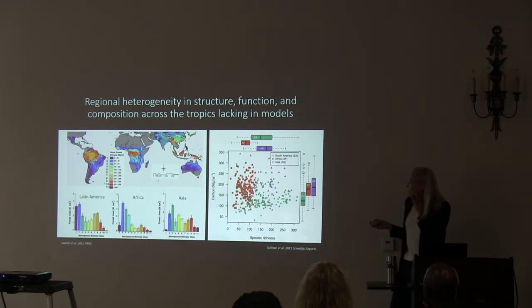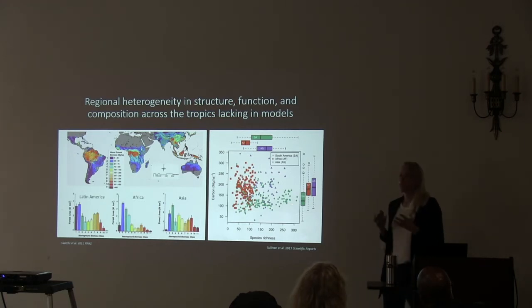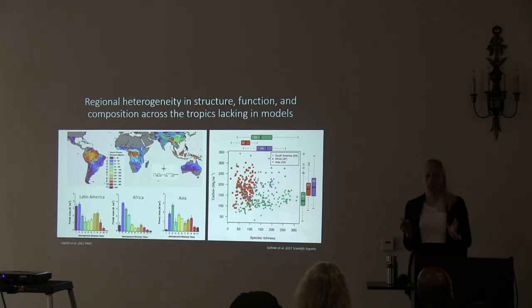So you're seeing the 3 major tropical forest regions in this plot shown by the 3 different colors. And if you look at the x-axis, on the top you're seeing the distributions. And we know that South America and Southeast Asia tend to have much higher species diversity than Central Africa, and we see that here. What's interesting is that it's Central Africa and Southeast Asia that have much higher biomass than South America. So there's interesting dynamics and not a direct correlation.